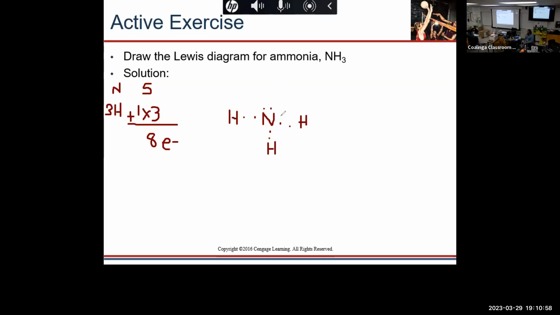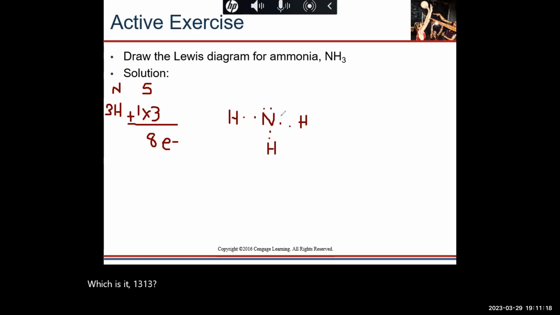Okay. So how can I make that work? You could draw bonds from N to all the H's, and that would give each hydrogen 2.